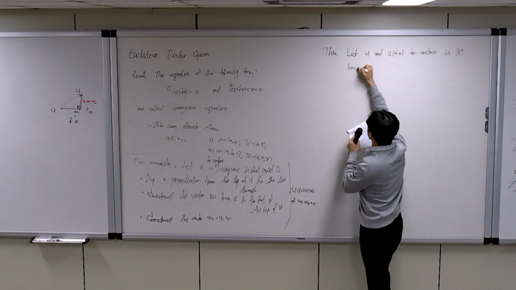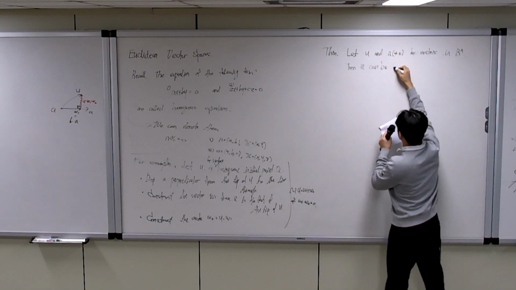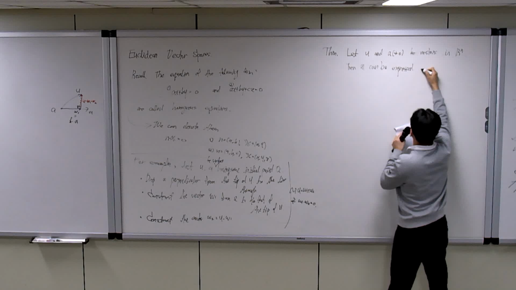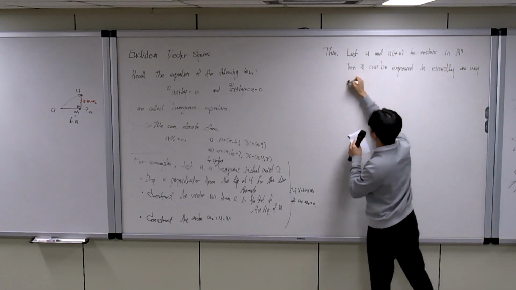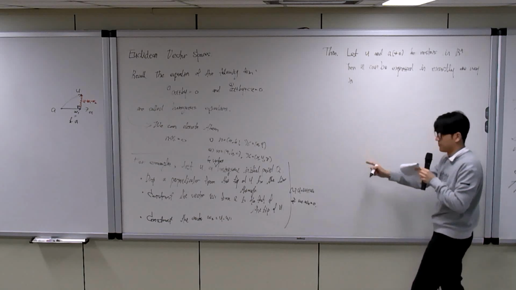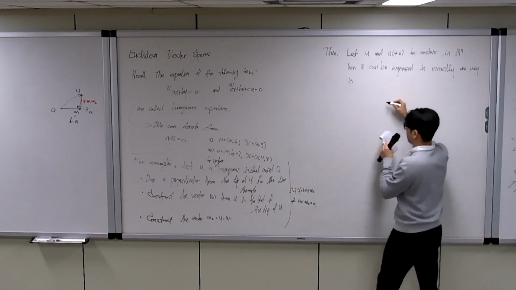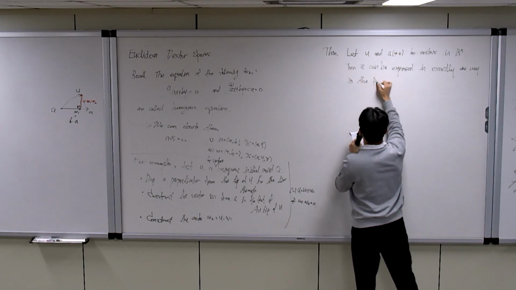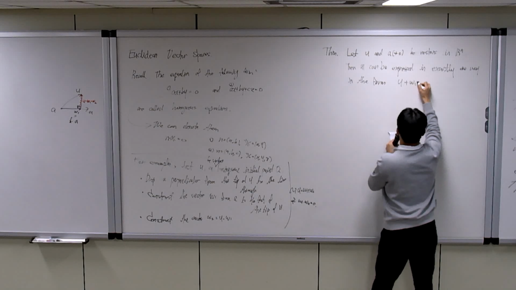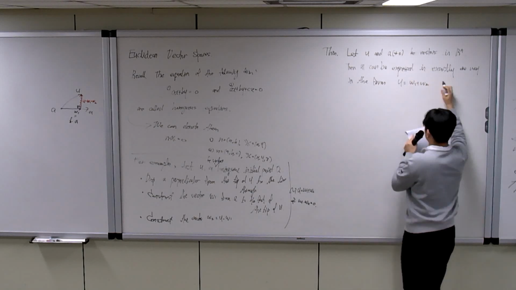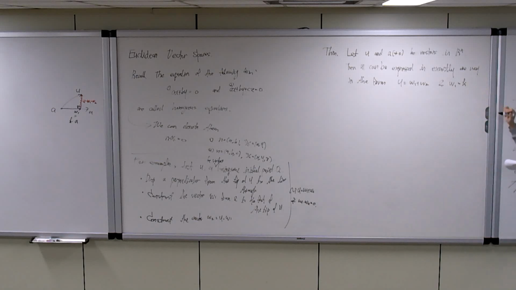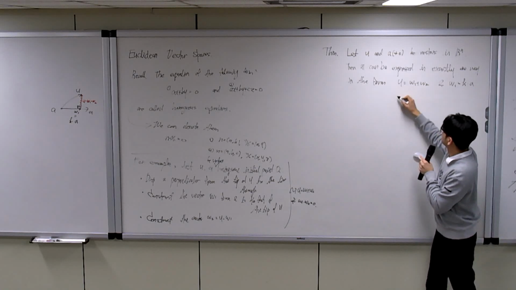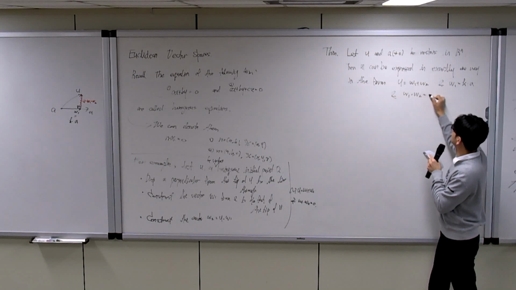Then U can be expressed in exactly one way, following this process, in the form U equals W1 plus W2, where W1 has the same direction as A by scaling k. Also, W1 and W2 are perpendicular.